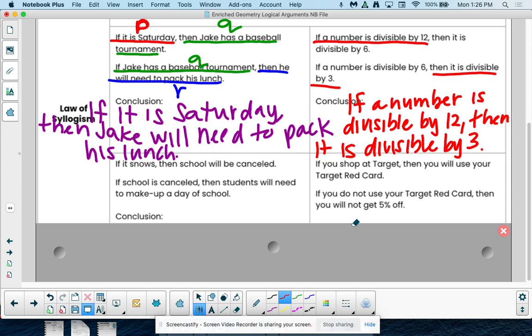One of them's not right. If it's not right, you just write no valid conclusion.